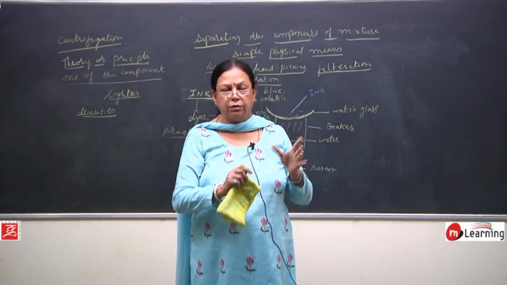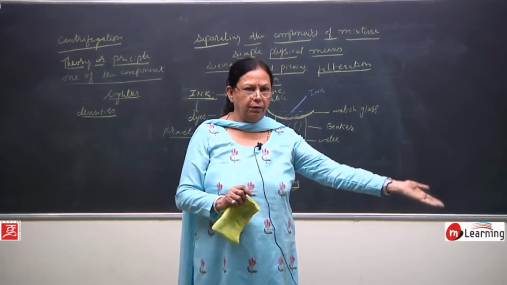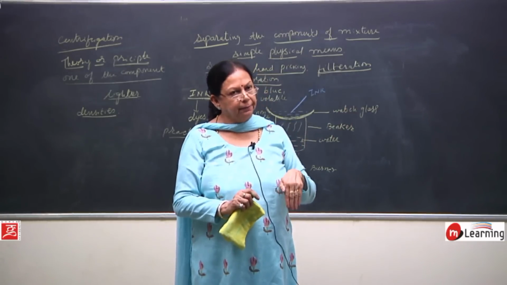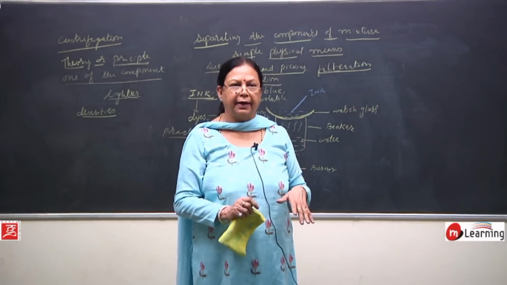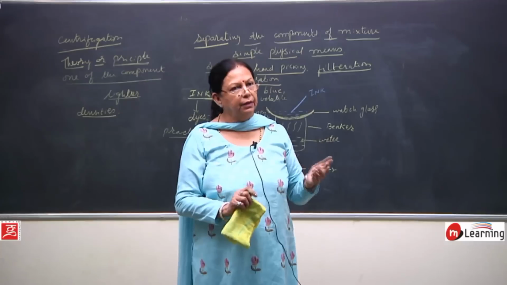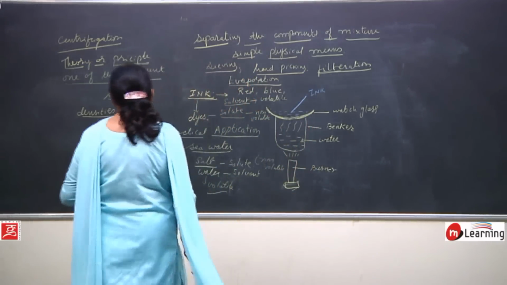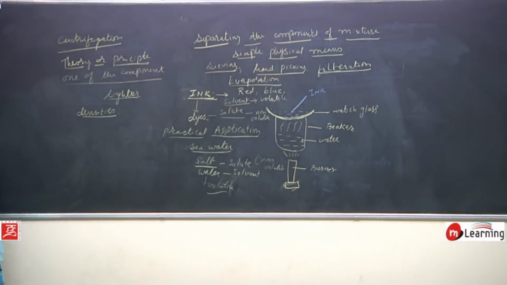In those clothes water is there, and on rotation what happens? Water goes out and the clothes remain in the machine. In this way the clothes get dried, or you can say that water is removed from the clothes, right. So this is the practical application of this method, that is centrifugation.